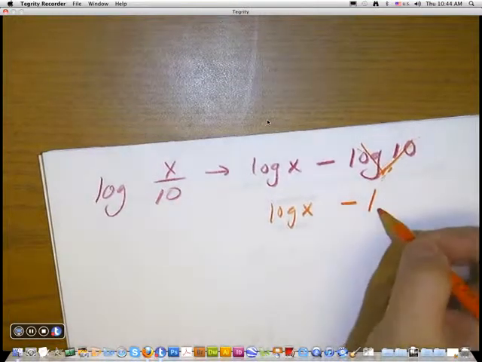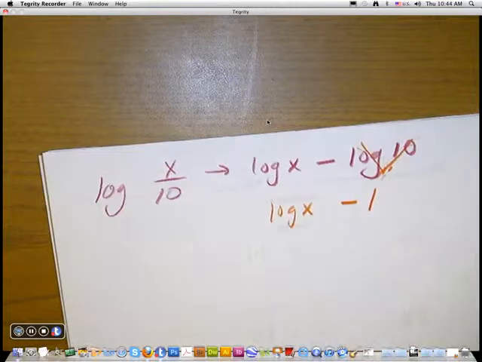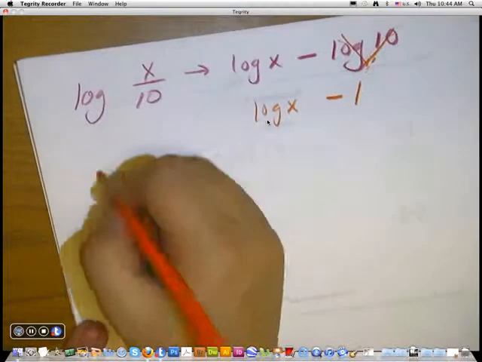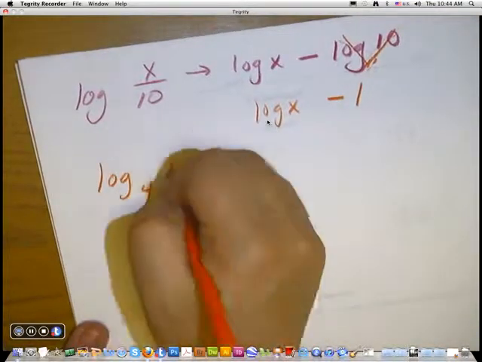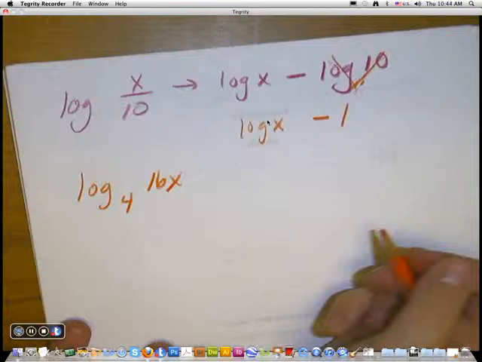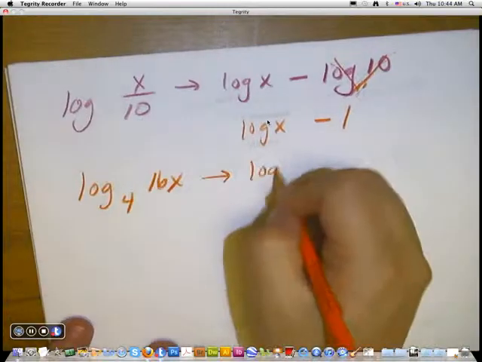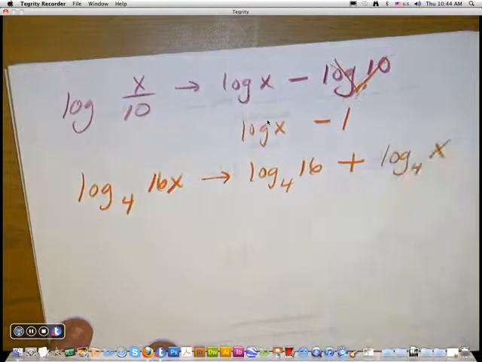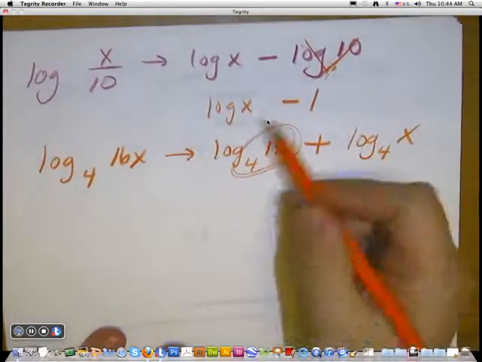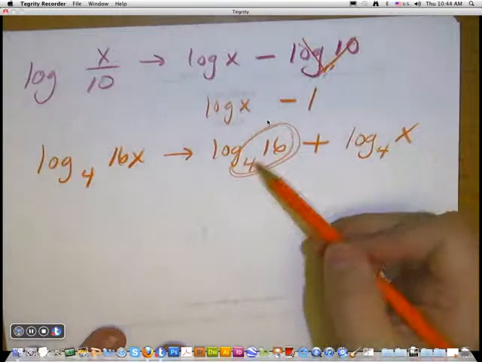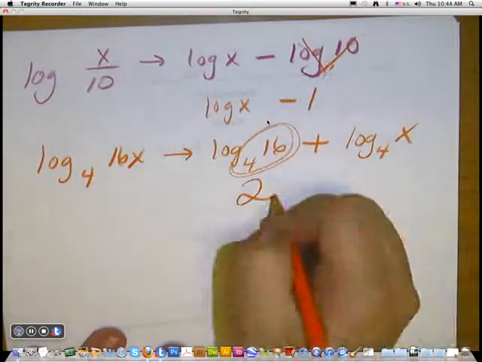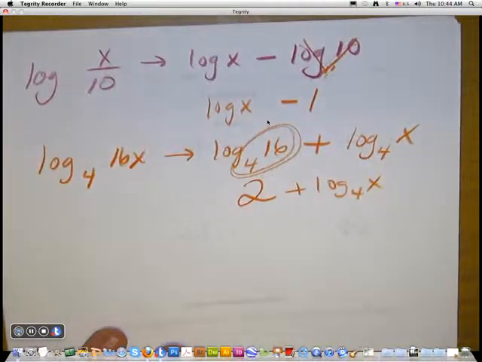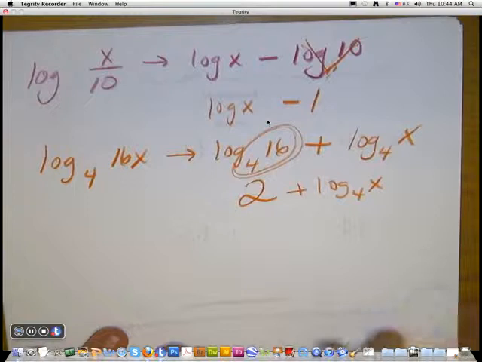You need to make sure you simplify all the way down. So let's try again. If I have log base 4 of 16x, that becomes log base 4 of 16 plus log base 4 of x. Well, this I can do. I know what exponent on 4 gives me a 16. It's 2. You need to make sure that you simplify it all the way down.